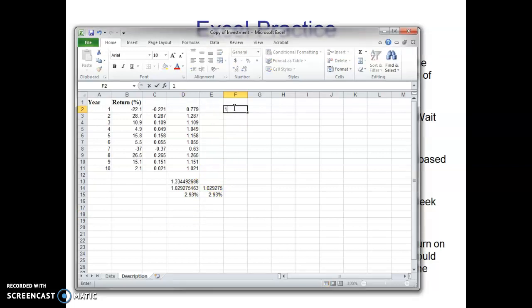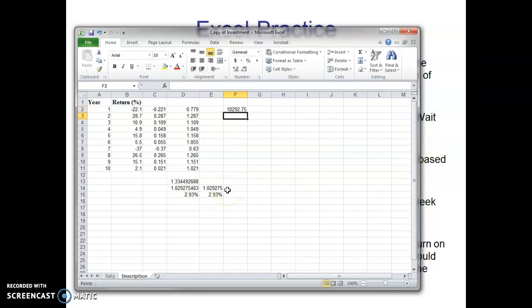Let's take 10,000, actually put equals 10,000, and I'm going to multiply that by 1.029, because this is going to take 10,000, and the 10,000 times 1 is going to be 10,000, but then it's going to effectively tack on the 2.9%.